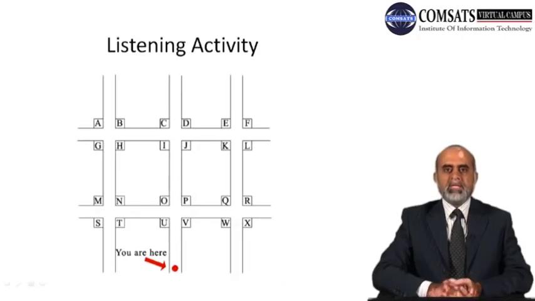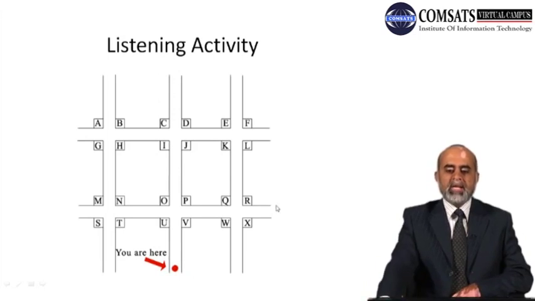Okay, so you have just listened to the audio. So where do you arrive? Which letter of the alphabet? If you said F and N, you are right, because the speaker actually leads you to F first, and then the speaker realizes that there is another post office which is nearer, and it is at N at this point.